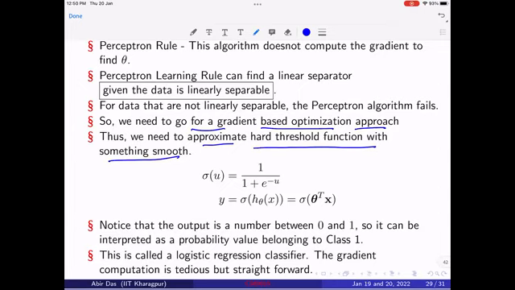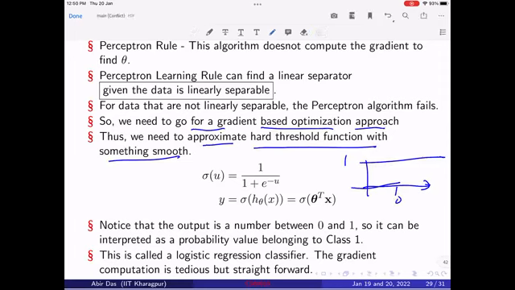So if we can make it somehow soft, so if this is 0, something like this, instead of just this hard threshold, then the gradients are defined everywhere. We can then do an approximate job, where it will actually give the probability of a data point belonging to class 1 or class 0.